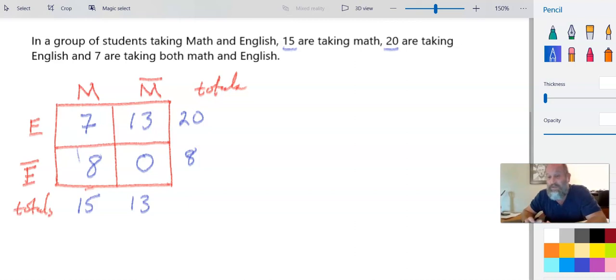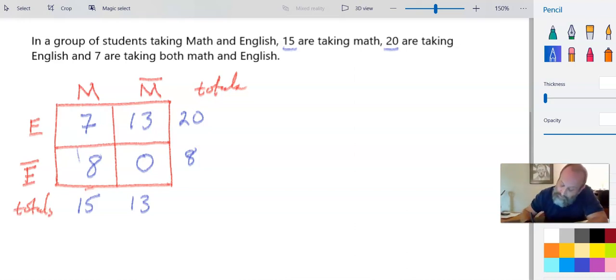And there's 2 ways to look at this here, because if we're going to find probabilities, we actually have to figure out how many students there are in total in this category. It's not 35, and I'll show you why. Because 35 is the thing you want to jump to because you're adding 15 and 20, right? But the people who are taking both are being counted in both categories, right?